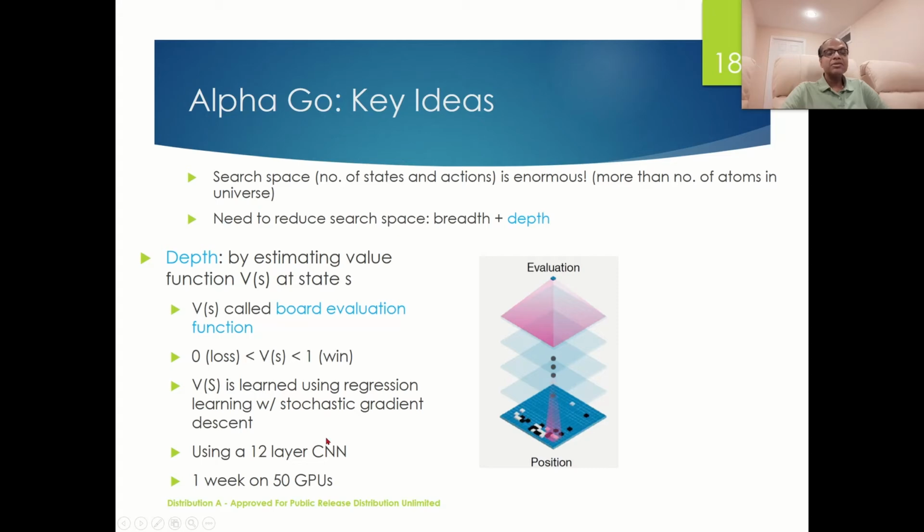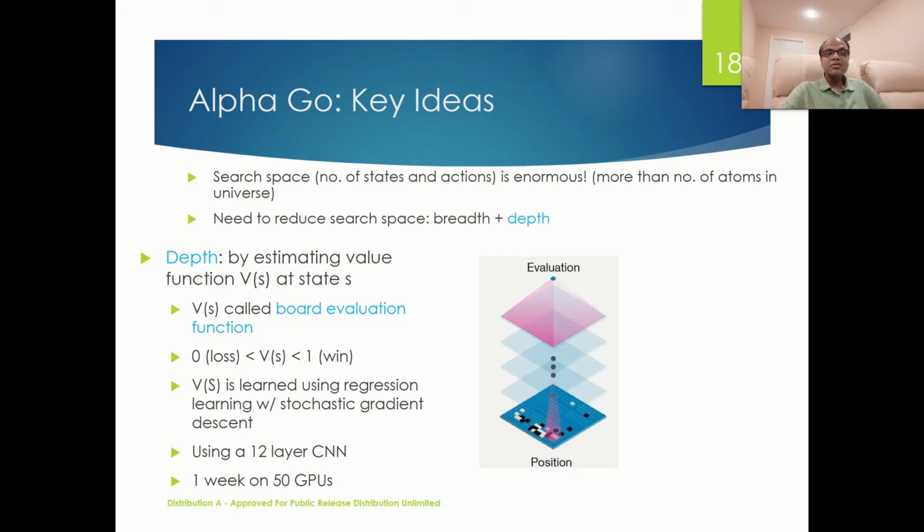Once again, it uses a 12-layer convolutional deep neural network, and the training was done over 1 week on 50 GPUs. So basically at the end of this, given a state, it assigns a value to the state. If you recall, this is very similar to one of the aspects we had in reinforcement learning, with Q-learning, where we were calculating the value of a certain state. And this function does exactly that by using a deep neural network.